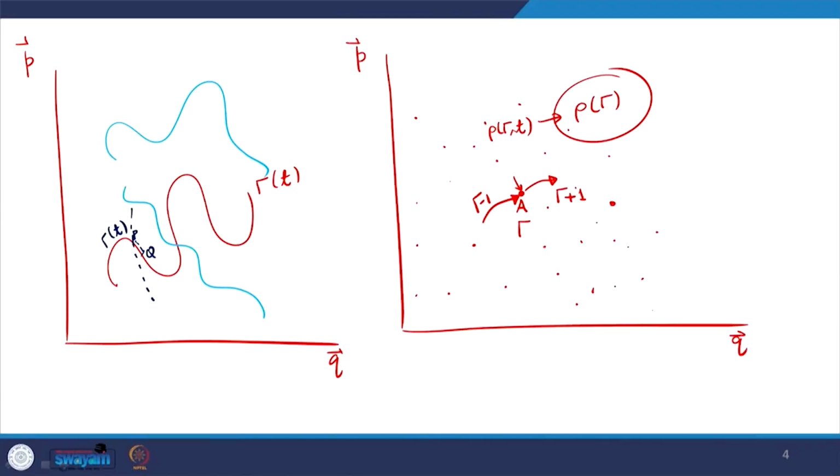In the stationary limit, rho gamma is independent of time, right. So, instead of looking at the dynamics of any given system, I can instead sample points in the phase space in some other way, and precisely this is what we are doing when we are defining the ensemble.